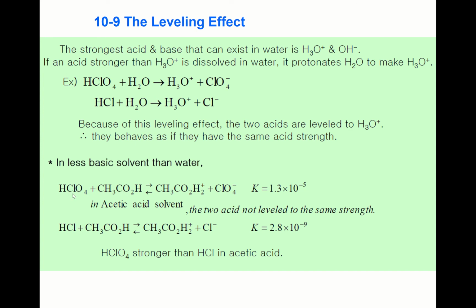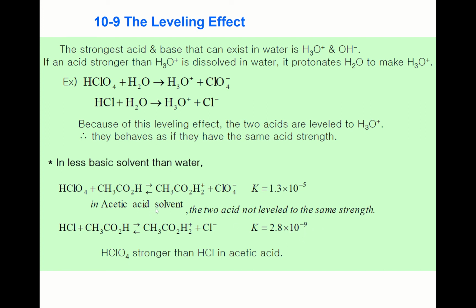Perchloric acid and hydrochloric acid react with acetic acid, in which case acetic acid is the solvent. For perchloric acid, the equilibrium constant K is 1.3 times 10 to the minus 5. Suddenly perchloric acid becomes a weak acid in this acetic acid solvent. What about HCl? K is even smaller, 2.8 times 10 to the minus 9.